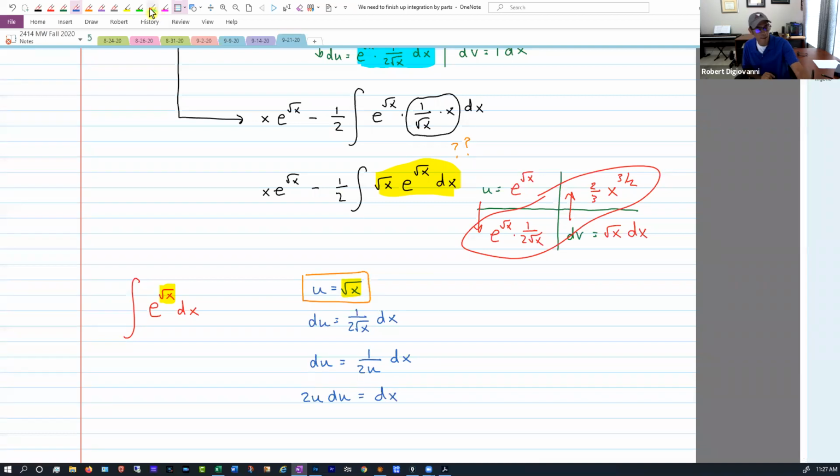And what I have is an expression for dx that involves nothing but u's. So that's tricky, huh? I mean, it works. Let's see what the new integral would look like. We would have the e to the u. That's me replacing the root x with u. And then the dx I'm replacing with 2u du.